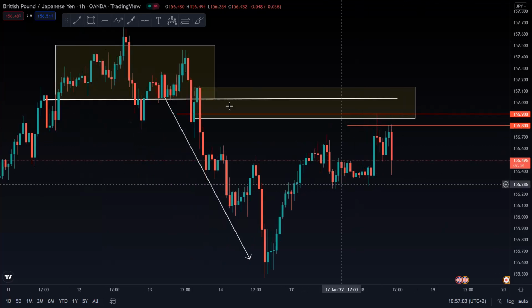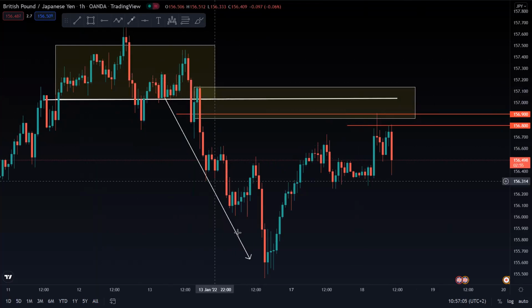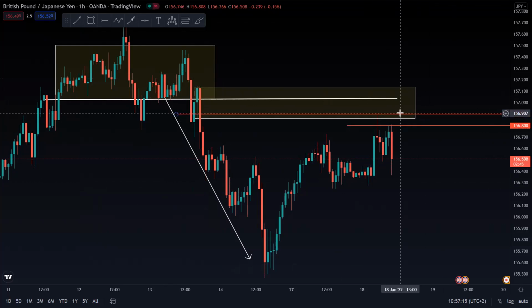That is the confirmation: the break of structure, the retracement which bounced on this bearish order block, and expecting the price to start dropping there with the inclusion of 156.900. And another reason for my entry, I entered here on 156.800. I had to sell from there.